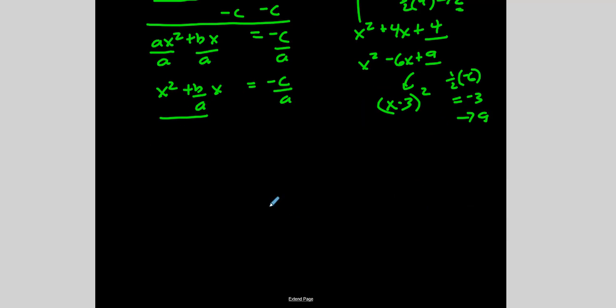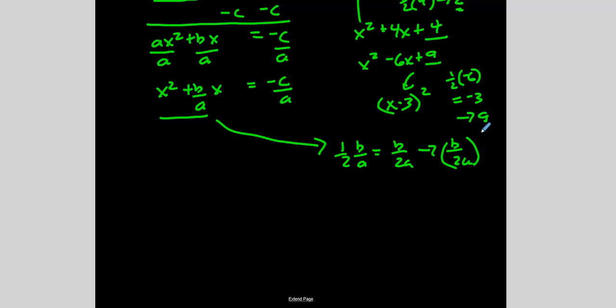So let's take a look at this. In our problem here, I'm going to take half of b over a, because I'm following the exact same procedure I did with these, which is b over 2a. Then I square that. That's how I complete the square. So we're going to add that to both sides.